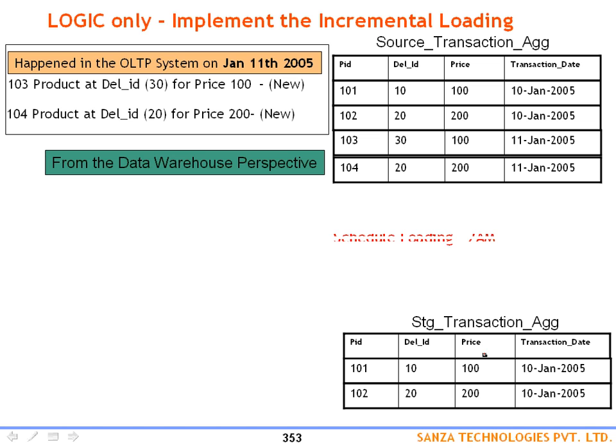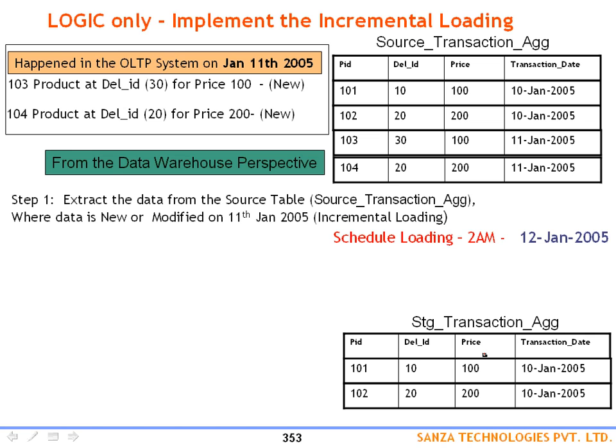Now, as per your data warehouse, you need to extract the data on 12th January at 2 a.m. We extract the transactions created on 11th January, that is greater than 10th January, because we already loaded 10th January in the previous load.